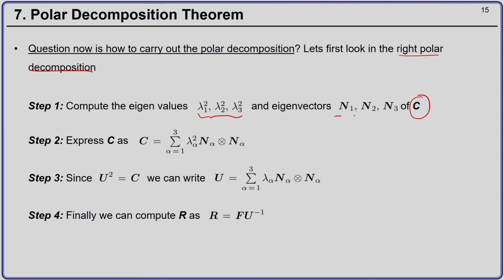There is a square present, and let n1, n2, n3 be the eigenvectors of C.